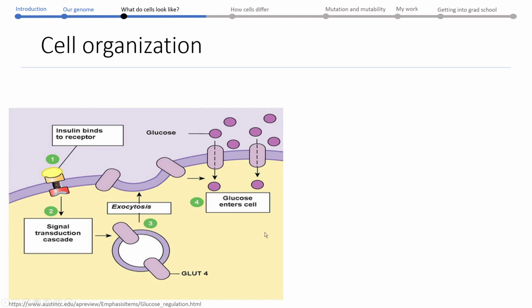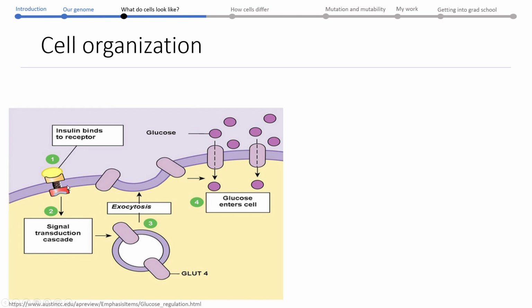As this is the inside of a cell, and this is the cell membrane, and here we have this lighter purple is the bloodstream. And so what we're seeing is that inside the cell, we have a vesicle that has a glucose channel in its membrane. And so when the cell doesn't need glucose, it keeps these vesicles just in the cytoplasm. However, when insulin is in the bloodstream, it binds to a surface receptor.